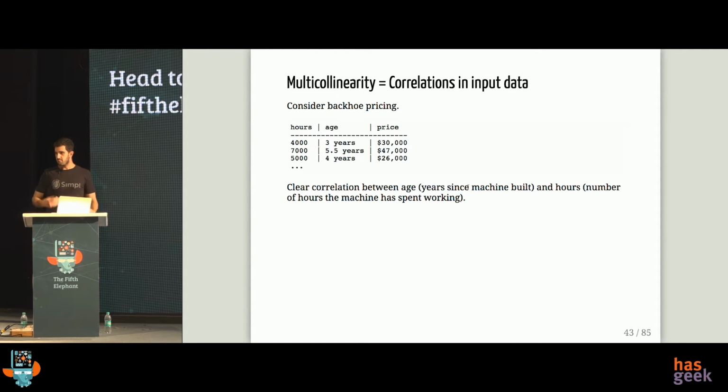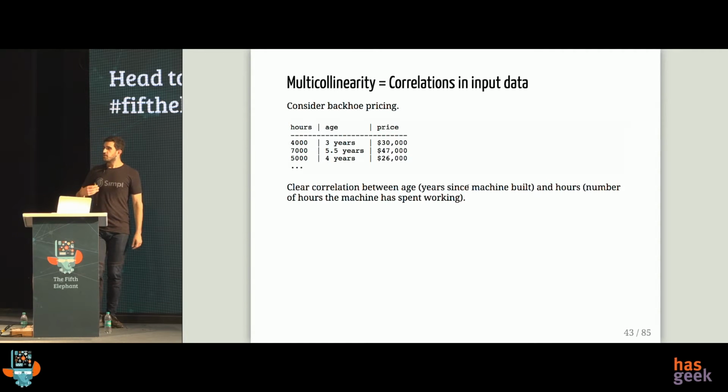Multicollinearity is a word that a lot of people know, and what it basically means is that your input data is highly correlated with itself. So, if we're looking at machines, we want to know the price of a machine. There's two pieces of input data that move together a lot. One of them is how many hours the machine has spent working. So that's literally the time the machine is digging a hole or moving concrete or something of that sort.